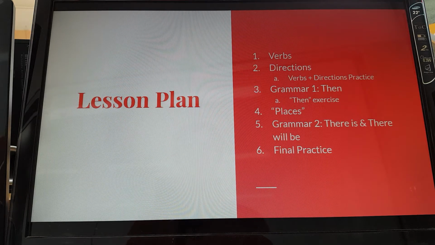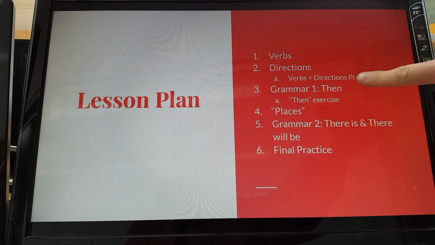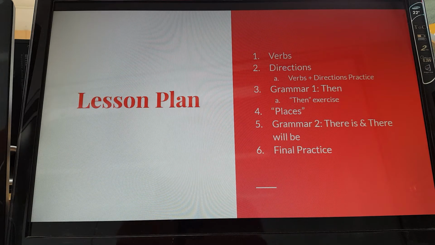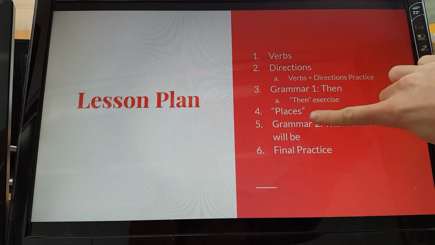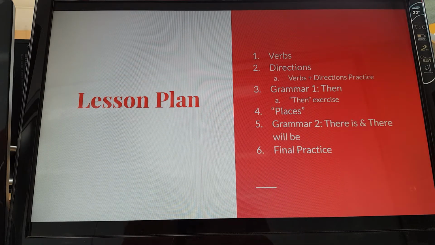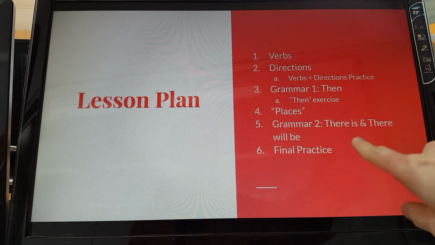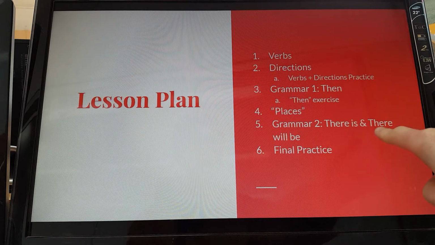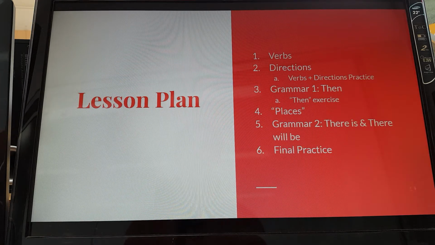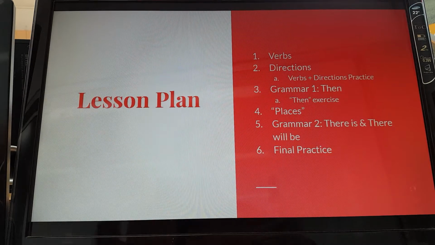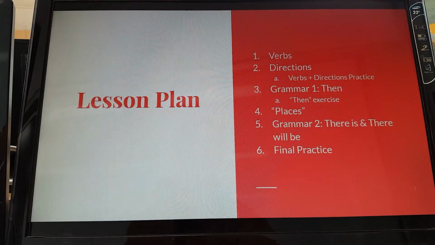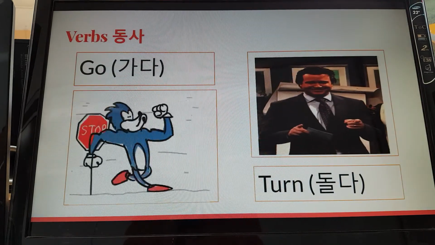Third, our first grammar is then, followed by an exercise. Fourth, we'll look at places and then learn grammar 2, which is there is and there will be, and then we will have a final practice. It's not difficult, so don't worry. We can do this.